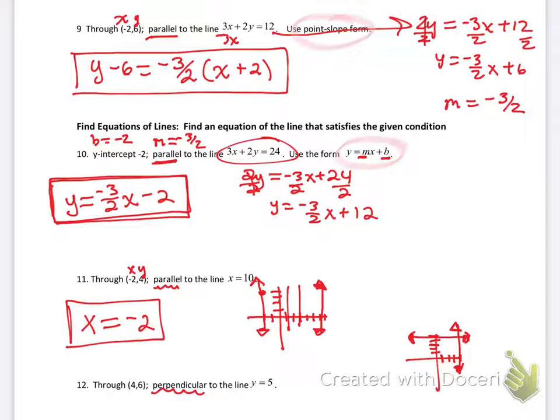So if I want the vertical line, it's going to be x equals. In this case, it's going through the point 4, 6. So what did x equal at that point? 4. And it's the one vertical, so x equals 4. If it wanted the line parallel to y equals 5, then it would just be like y equals 6. It would be going the opposite direction. Okay, so that's parallel and perpendicular.